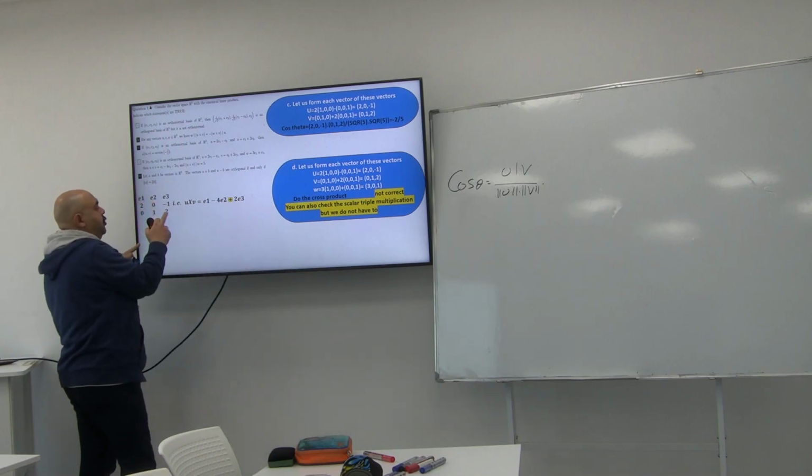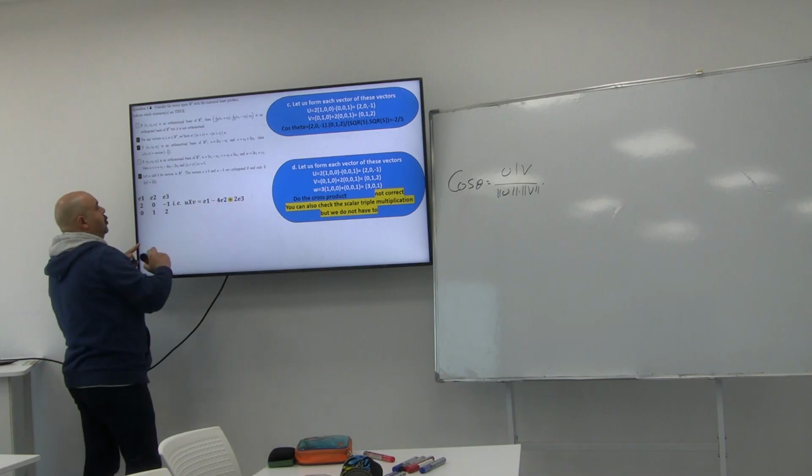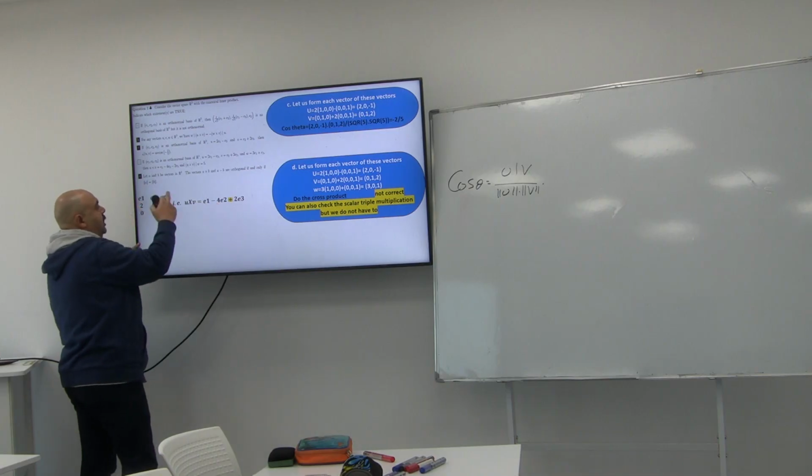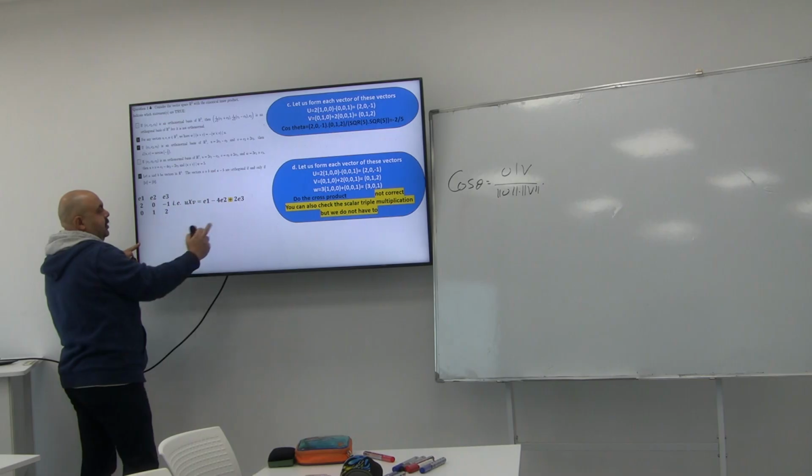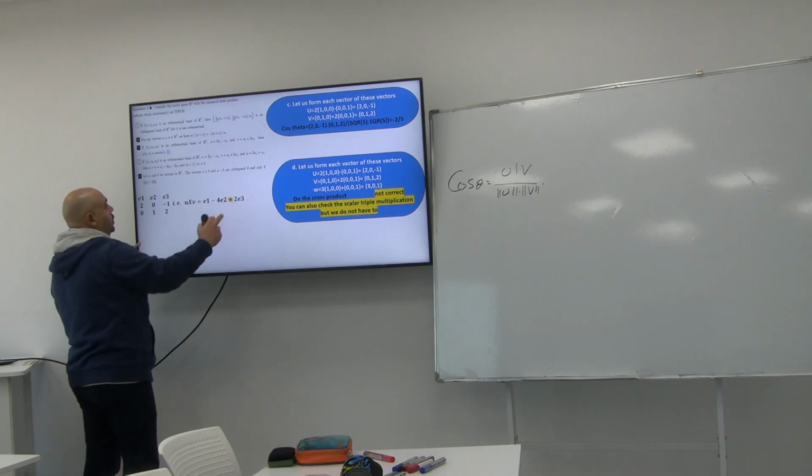It's going to be 0 plus 1, so it's 1 times E1. For the second, it's going to be negative, eliminating row and column, so it's going to be 4, so negative 4 E2. For the third one, which is E3, eliminating row and column, it's going to be positive 2 E3.